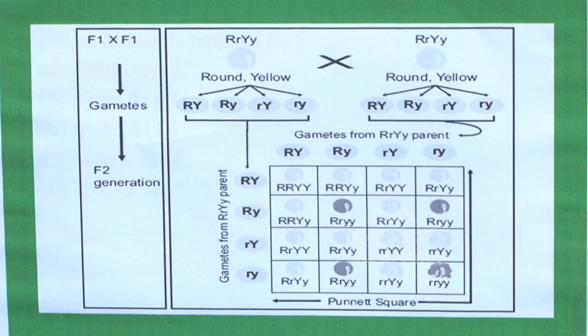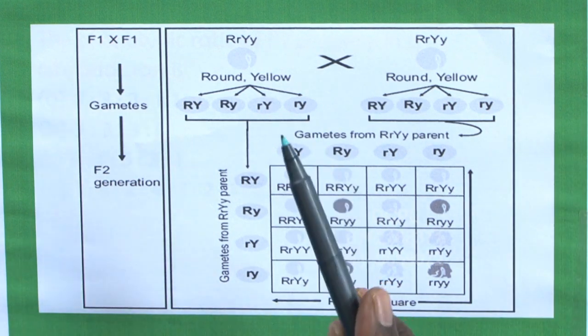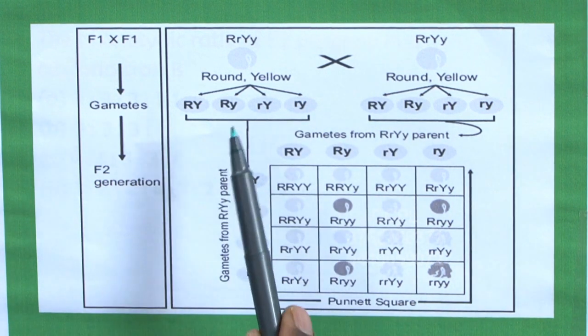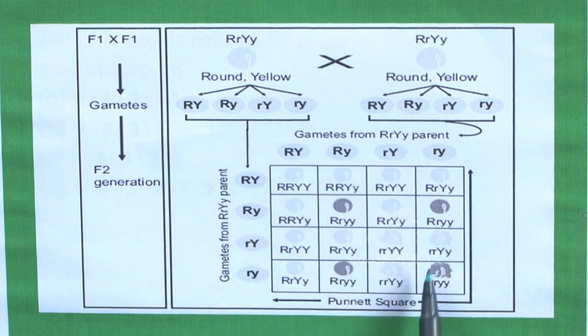Now, selfing means a cross between individuals of the same generation, or the F1 generation. When you take the selfing, these are the gametes possible on both the plants. The Punnett square is a graphical representation of any genetic cross to calculate the probability of genotypes.